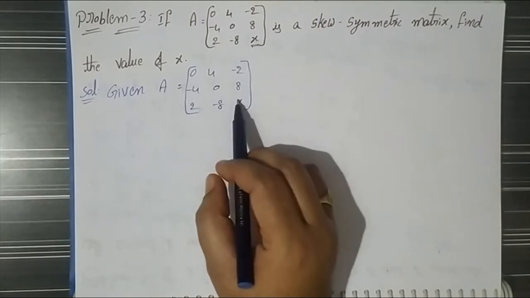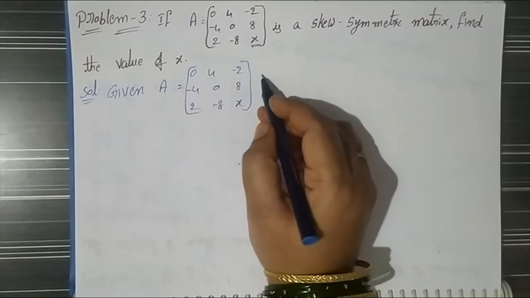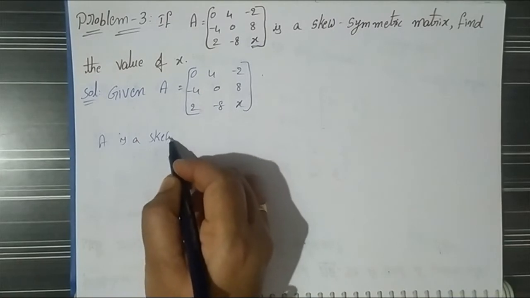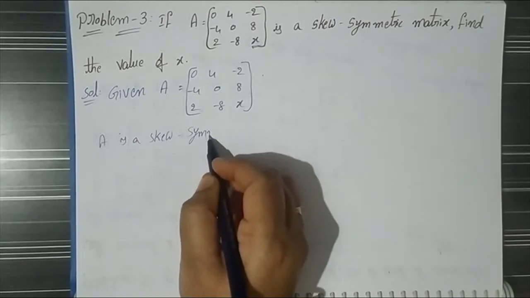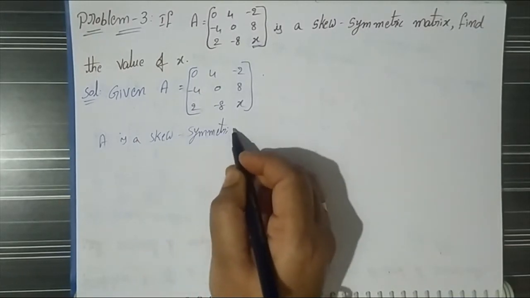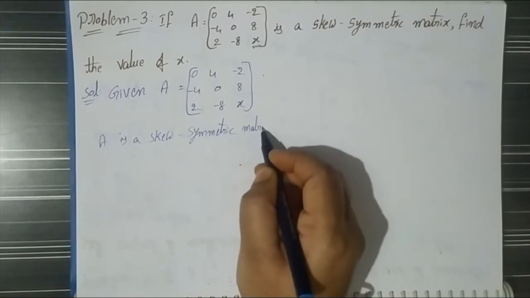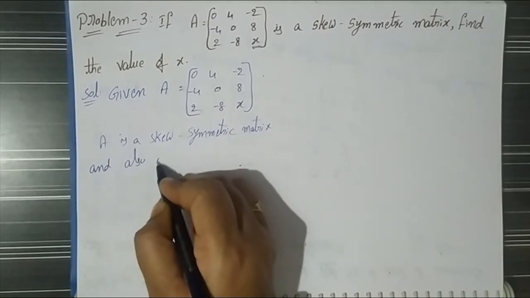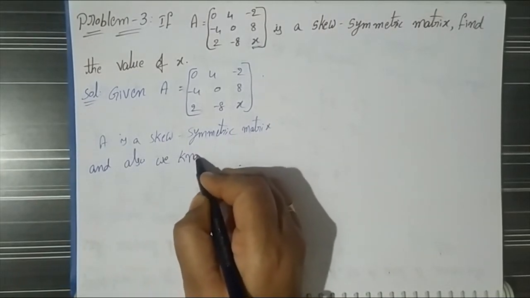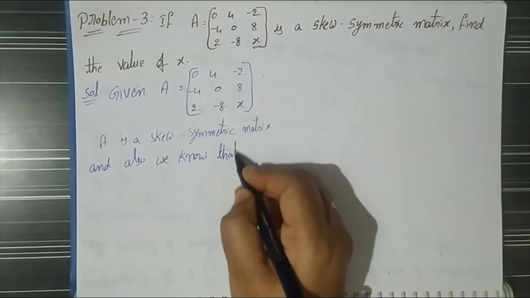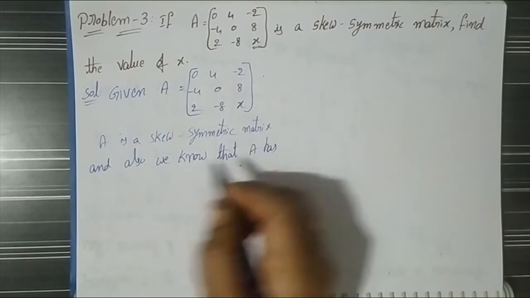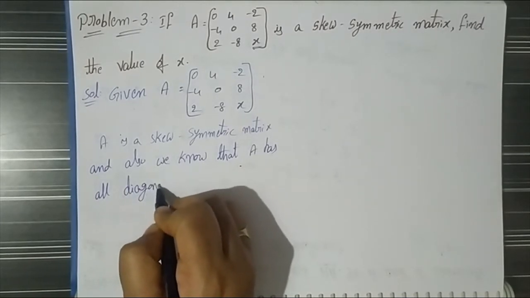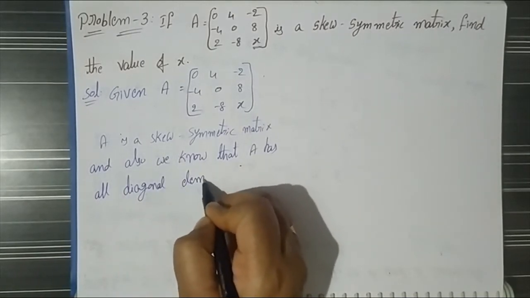By using that, if A is a skew symmetric matrix, we also know that A has all diagonal elements equal.